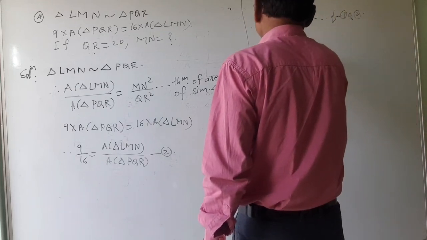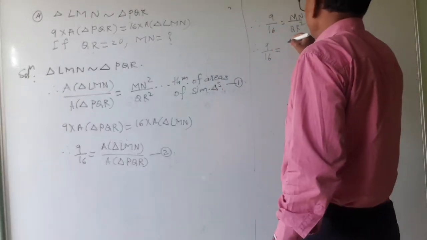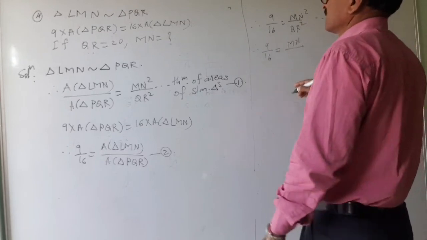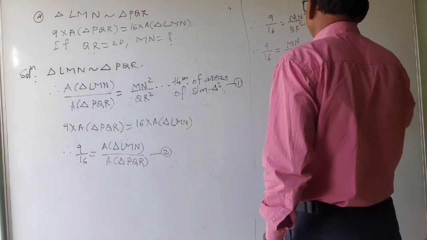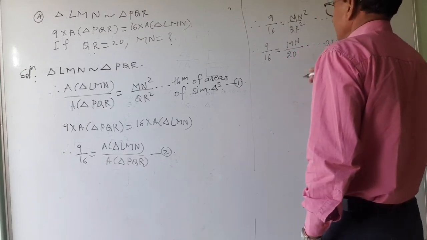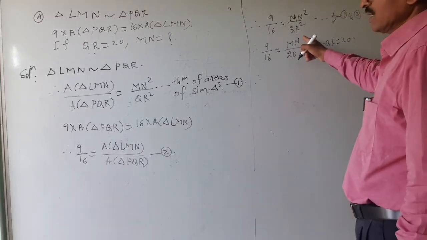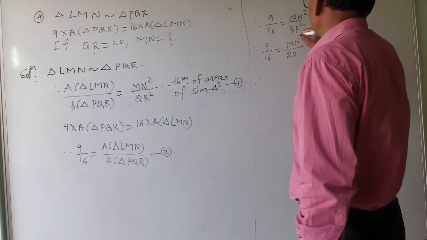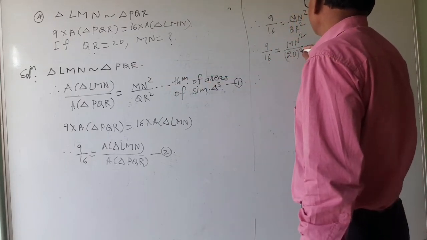Therefore 9 upon 16 is equal to MN square, we don't know that, we have to find, upon QR square, which is 20 square. Reason: I will write QR is equal to 20.